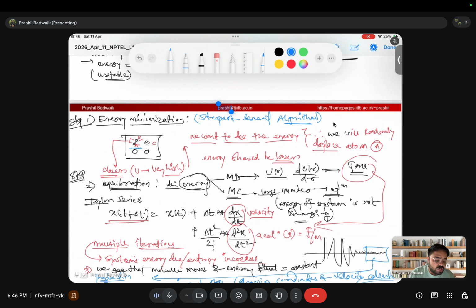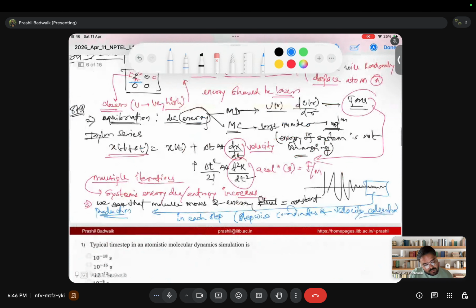It is fluctuating around a constant value, which is a constant energy we say. Once it is fluctuating around that constant energy value, we note down, in stepwise manner, the coordinates. We store those coordinates and velocities to calculate the properties. That's all, right?